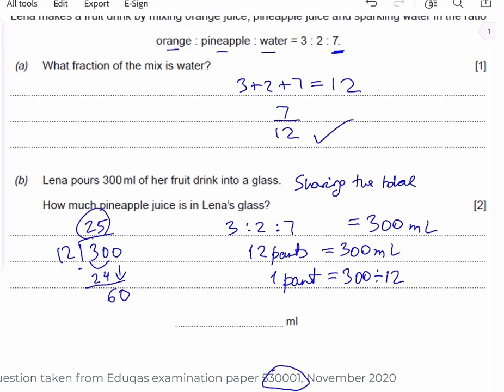So 1 part is 25. So we need to look at the pineapple now and see how many parts is there for pineapple. In the ratio, that is 2. So 2 parts times by 25 will give you 50 ml.